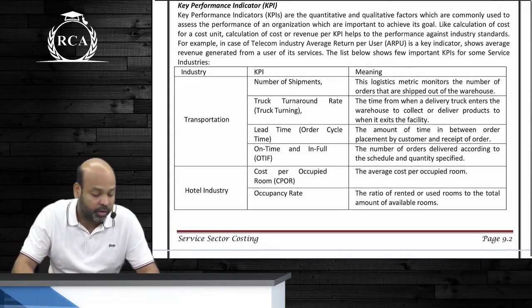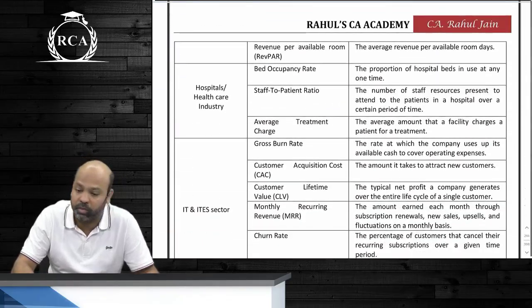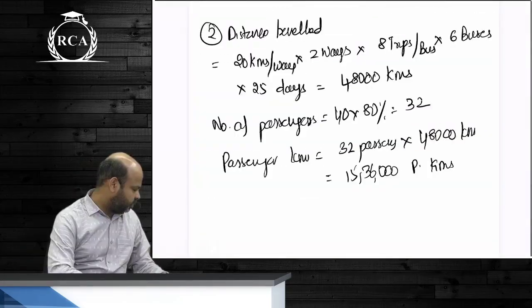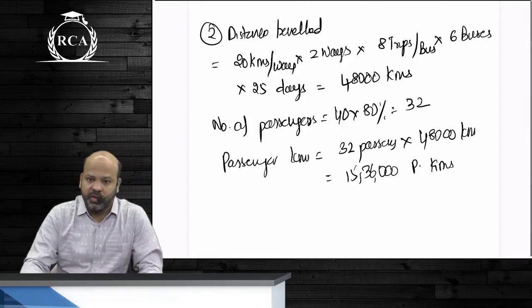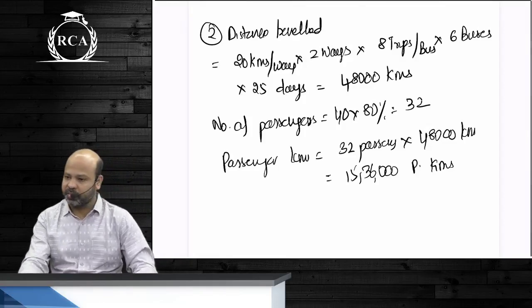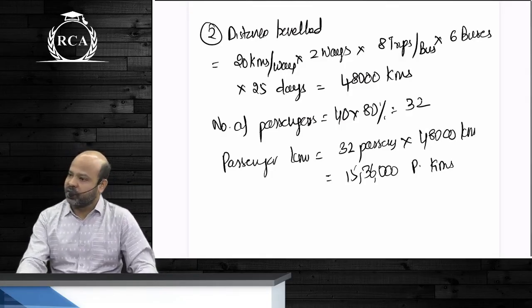Now we'll solve one or two questions, guys, on absolute cost unit or commercial cost unit, and then we'll come back to the other part. Did everyone understand absolute and commercial first? So guys, you're discussing service sector costing, that is operating costing. I told you about absolute cost unit and commercial cost unit. What is the difference between absolute and commercial cost unit?